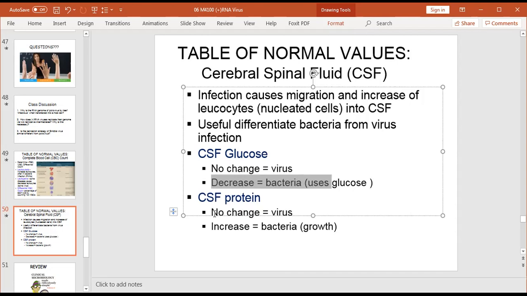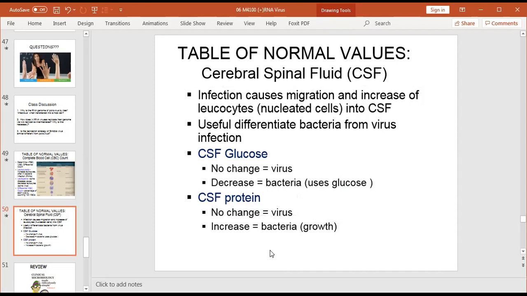If there is no change in the protein content of CSF, it suggests viral infection. And if there is an increase in the protein content of CSF, it suggests bacterial infection due to the growth of bacteria.